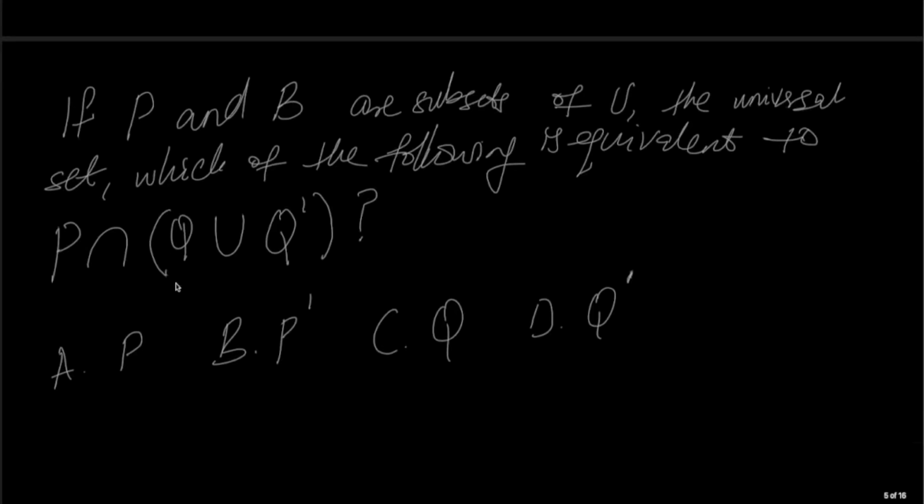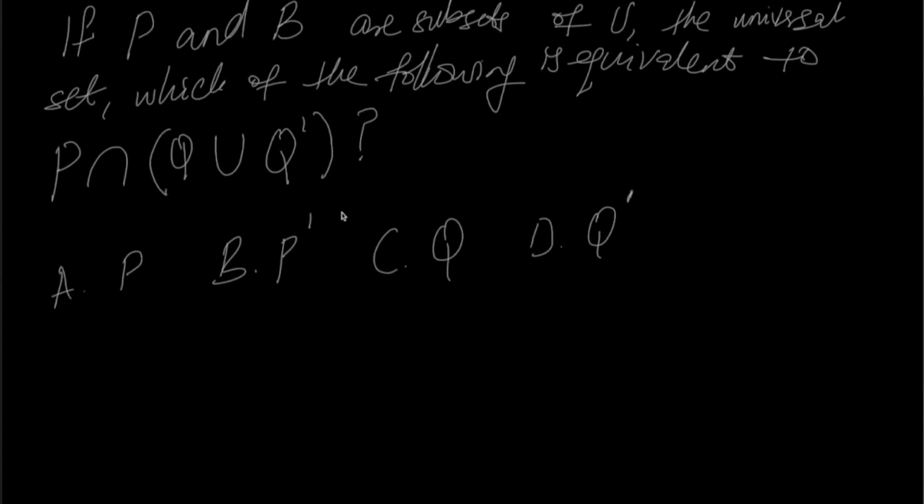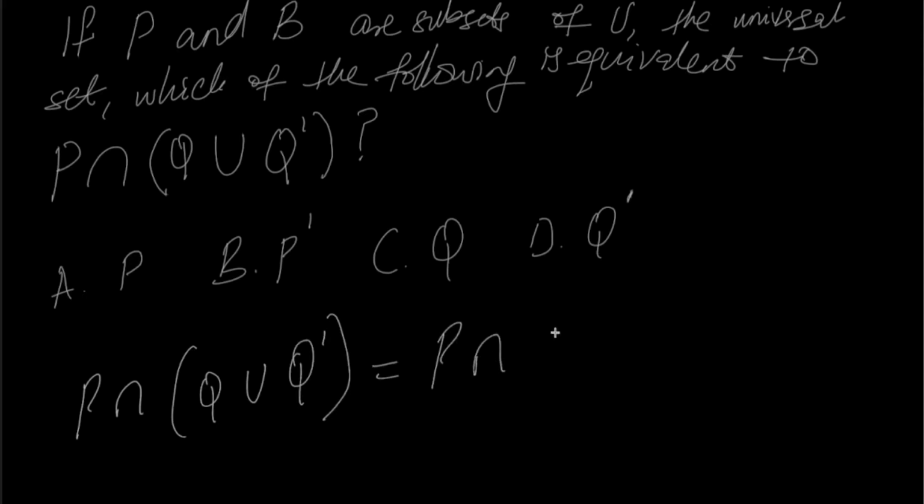So Q union its complement is equal to what? Universal set. Therefore, we can easily say what? The new value we have from here now is equal to P intersect the universal set.